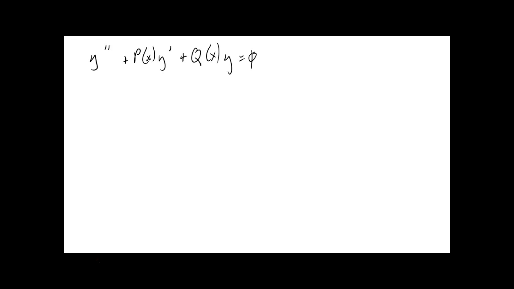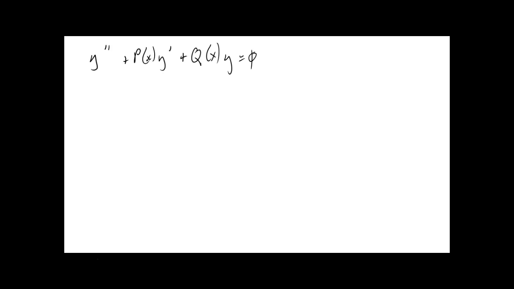The leading highest derivative has a coefficient of 1, and the next highest derivative has a coefficient they're calling p of x. This doesn't necessarily have anything to do with the p of x we had before, but they're using the same terminology. The function y itself has a coefficient function q of x, and it's equal to 0 on the right.